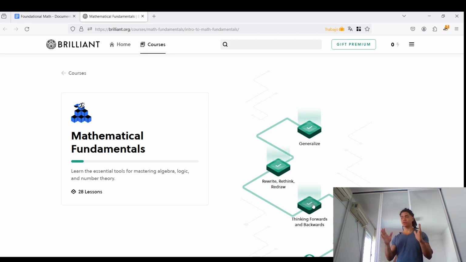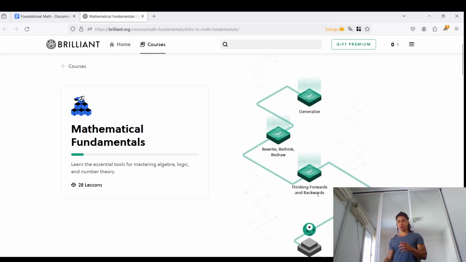That's the value proposition, at least for these three concepts: patterns and generalization, perspective, as well as logic, thinking forward and backwards. With these three pillars, we can also apply them to our life as a way to solve our closest problem.